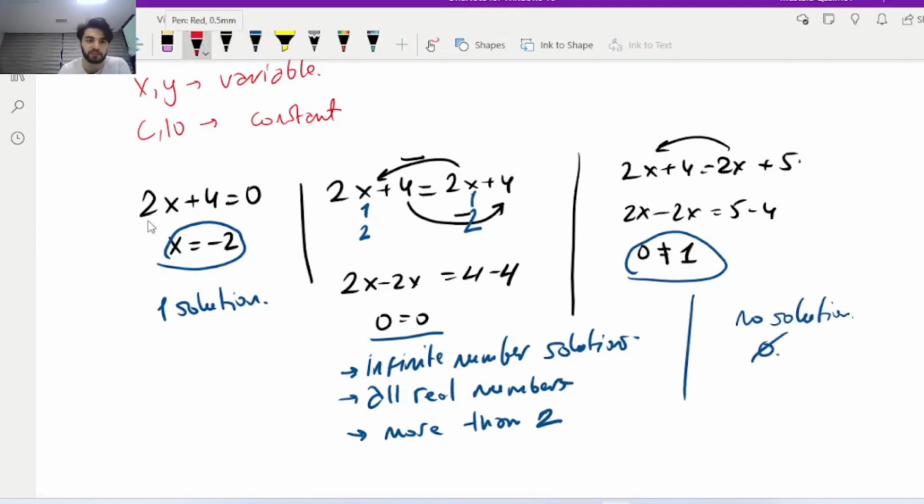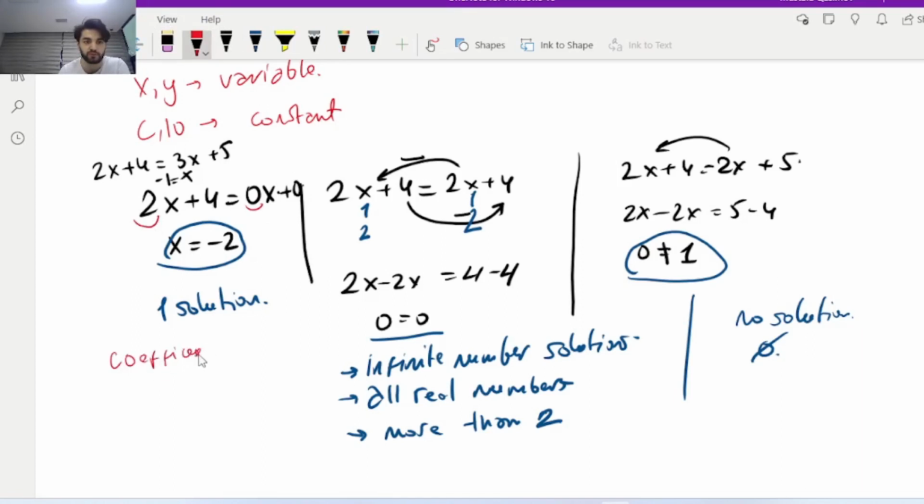Okay, as you can see, here we can write it as 0x plus 0. Or we can give another example for one solution. 2x plus 4 is equal to 3x plus 5. From here we get x is equal to -1. Or we can write 0x plus 0 for this one. Okay, as you can see, for one solution, the coefficients of x are not equal to each other.